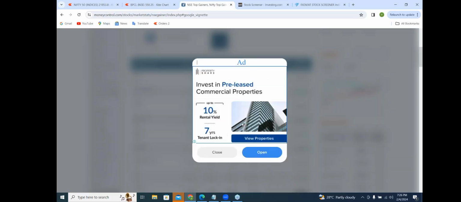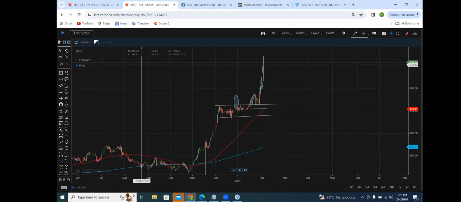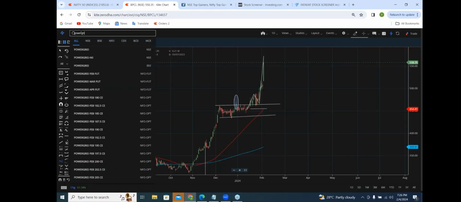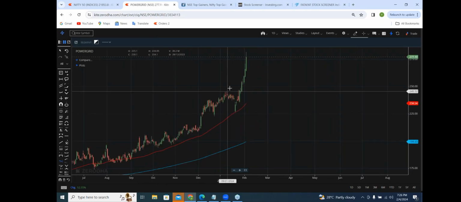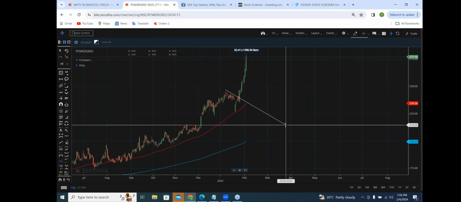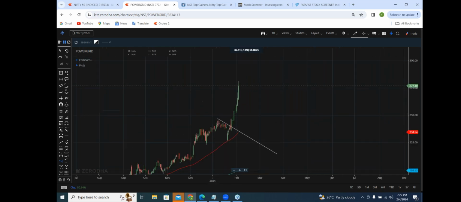So it was the next top gainer for intraday. So Power Grid. So am I making sense here, all of you? Because anyway, we are trying to identify a trending stock. If a stock is trending for intraday, obviously it should be trending for swing investment also.